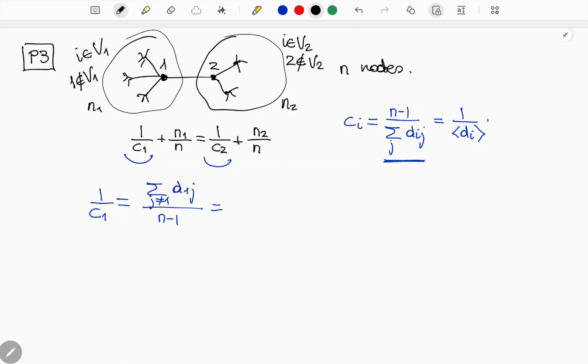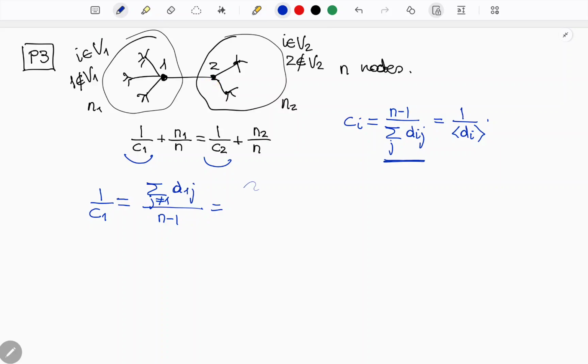Now, if I want to write this expression, I'm going to separate this addition: on the one hand the nodes that are in V1, and on the other hand the nodes that are in V2 plus node 2.